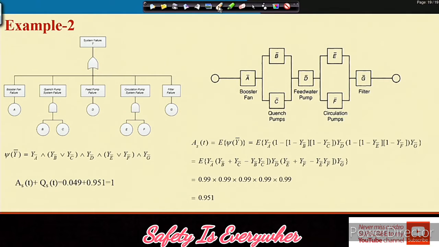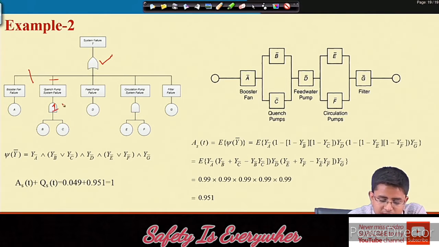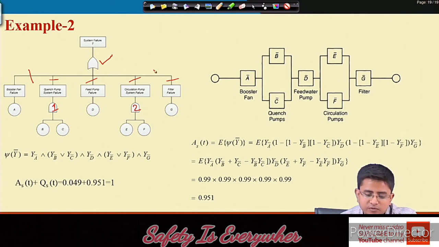You can see how to form the reliability block diagram from the fault tree. Look, it is an OR gate. As it is an OR gate, the inputs are A, then this AND gate, suppose this AND gate is 1, I am naming it, then this is C, this is 2, then this is G. So, these are the inputs.